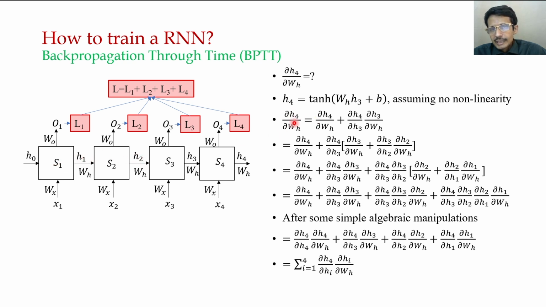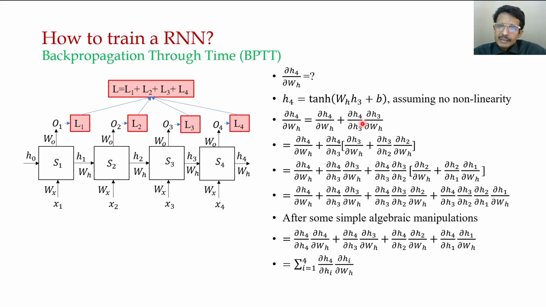So essentially, by virtue of differentiating an ordered network, it is del H4 by del WH plus del H4 by del H3 and so on. That particular thing is important to understand, and you have to remember it. Then things become very easy.